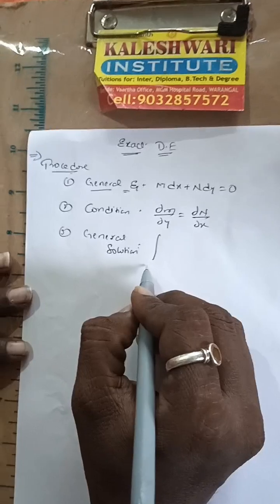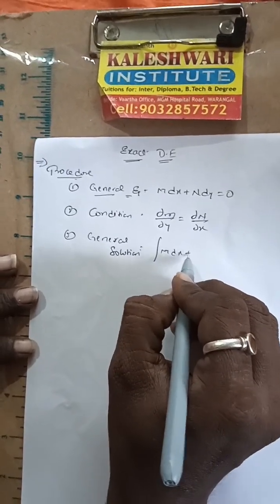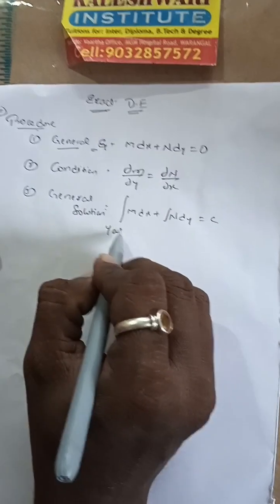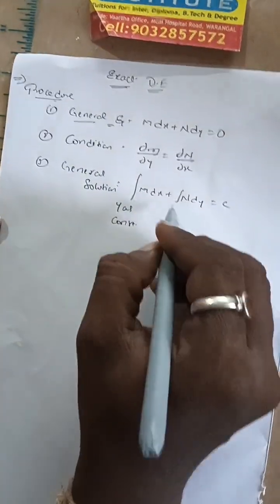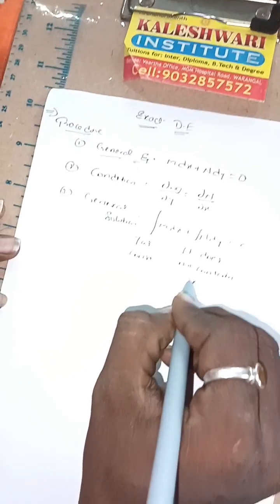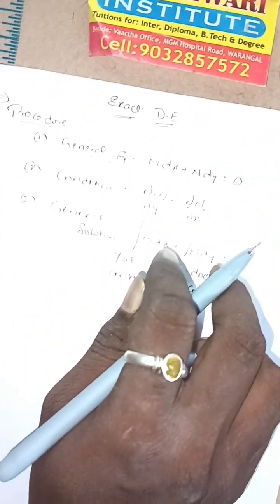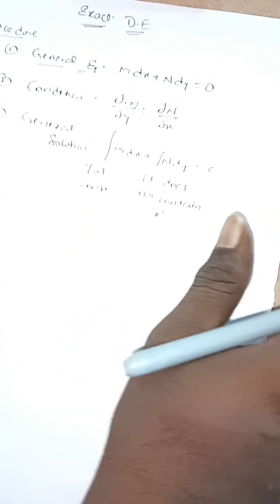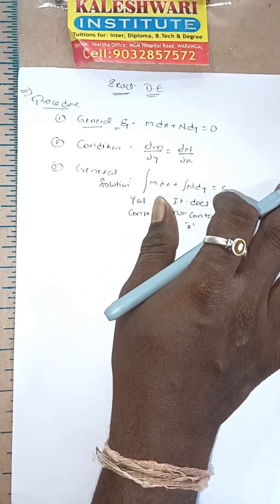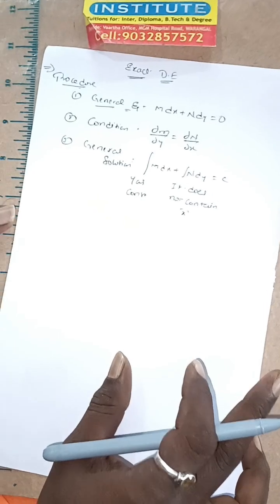The general solution is integration of M dx plus integration of N dy equal to c, with y as a constant, and N does not contain x. So this is the procedure.